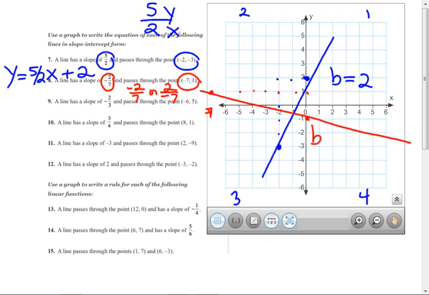Where's my b here? Negative 1. So this equation is y equals negative 2/7 x minus 1. The negative ones are going to be harder than the positive slopes. So you may prefer to do the positive slopes first.